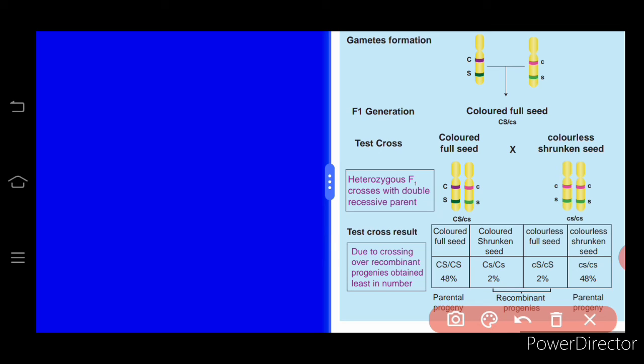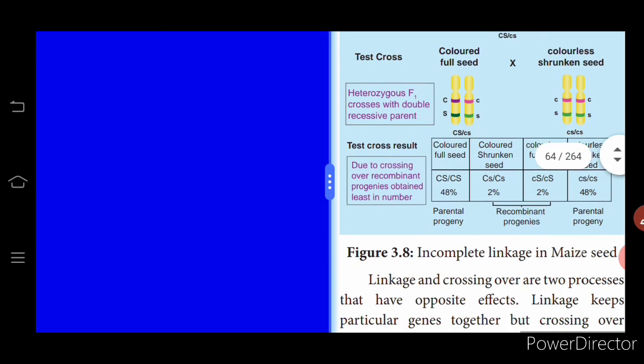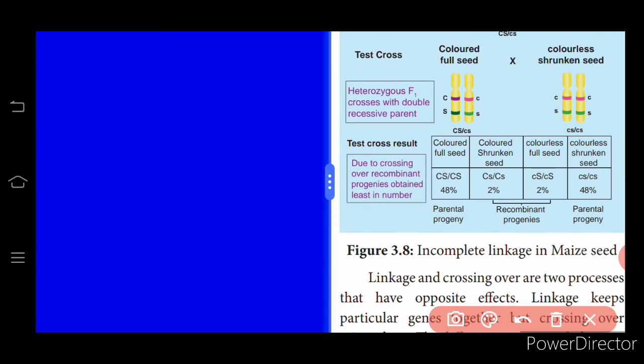Once it is made, all four combinations, colored full seed, colored shrunken seed, colorless full seed, and colorless shrunken seed, were appearing apart from the parental generation. They were not only showing the parental character, they were showing recombinant progenies.